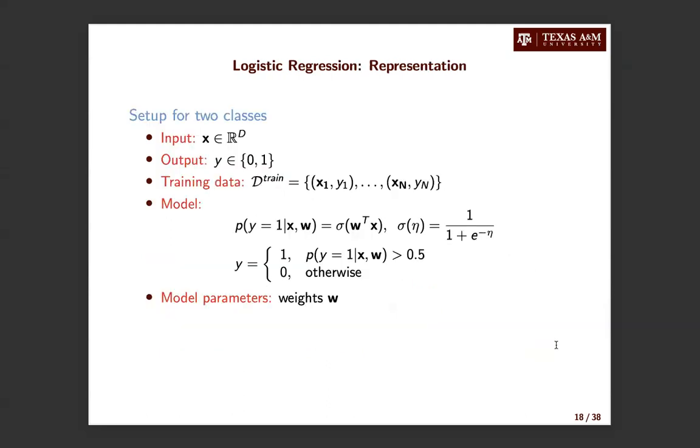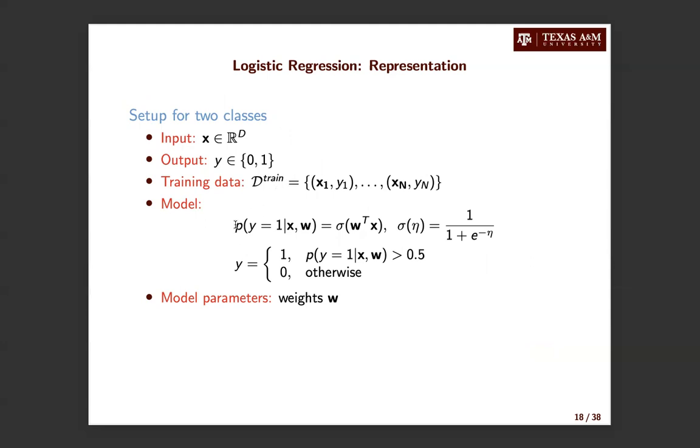So if we were to formally define our logistic regression algorithm, we would have, again, an input of features. We would have an output. In this case, we are limited to the binary classification output for now. And we also have a set of training data from n samples.